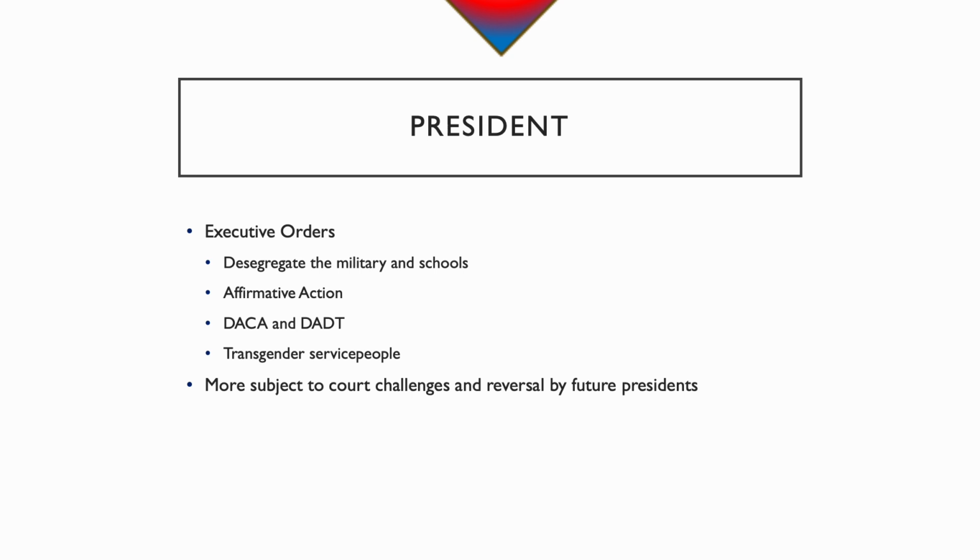Don't Ask, Don't Tell under the Clinton administration was going to basically not enforce military bans on homosexuality by not asking people their sexuality. Under the Biden administration, there was an executive order allowing transgender people to openly serve in the armed forces, and then an executive order in the Trump administration prohibiting that, right? So you can see the president has a lot of discretionary power, especially over the actions of executive agencies, to promote civil rights.